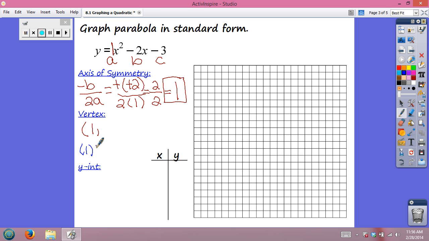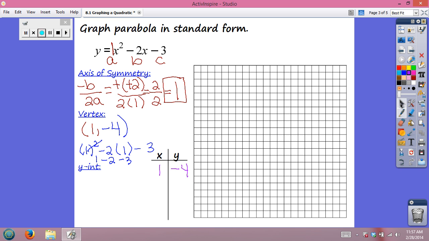So our x squared is 1 squared minus 2 times x, which is 1, minus 3. 1 squared we know is just 1. 2 times 1 is 2, so 1 minus 2, and then minus 3. So we have 1 minus 2 minus 3, that gives us a negative 4. So our first value in our table is our vertex, which is 1, negative 4.